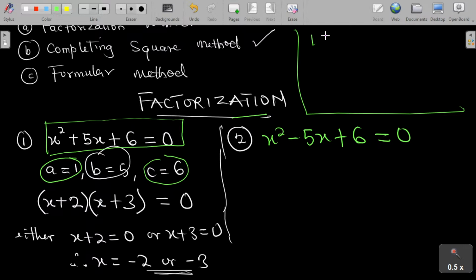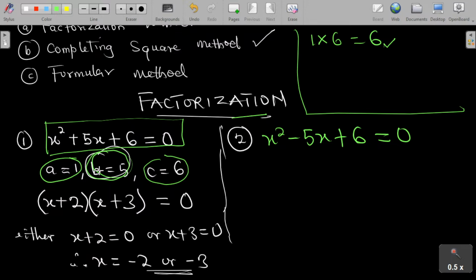My a is 1 times 6. That is 6. Angel, I hope you are with me. Okay? Then you now ask yourself, what are the two numbers that I will multiply to get 6 and I will add to get my b, which is 5.